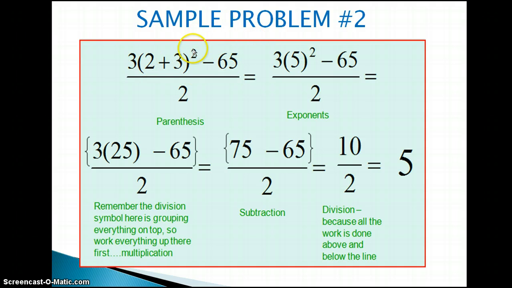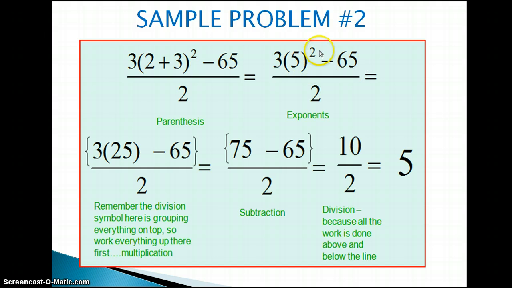So we're going to have to do just the top part of this fraction first. First of all, we're going to do the parentheses. So we get 2 plus 3 is 5. So that's what's over here. So we have 3 times 5 squared minus 65.